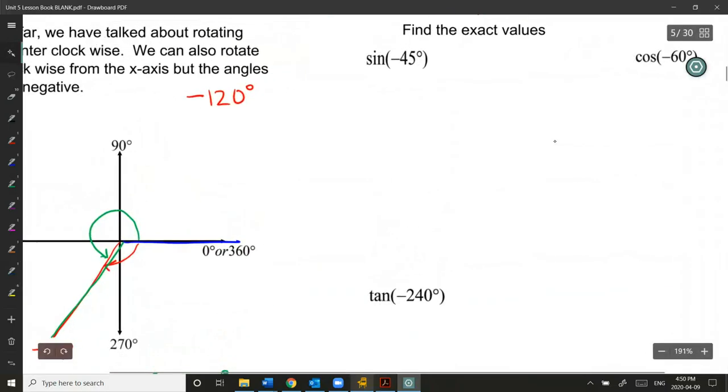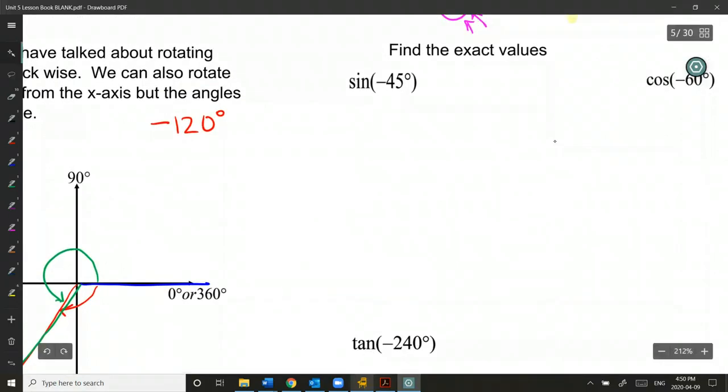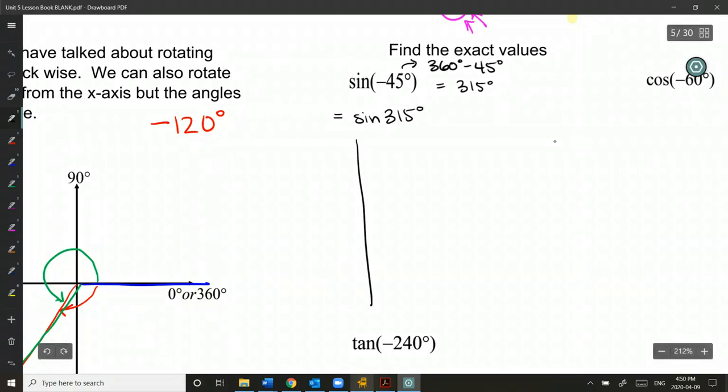Okay, so if we were to find the exact values of these particular values here, the first thing that I would do is switch the negative angle into a positive angle by subtracting it from 360. So this one will give us 315. So what I really want to find here is the sine of 315. Now I'm going to follow the steps above by drawing the angle.